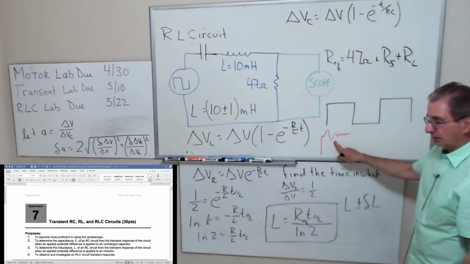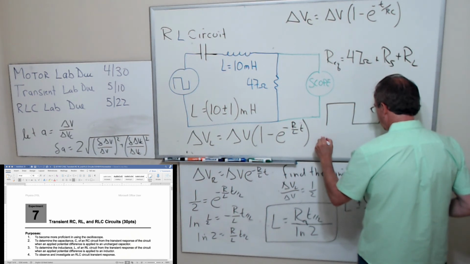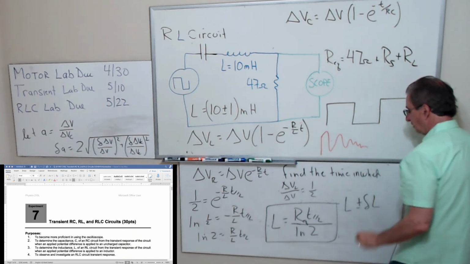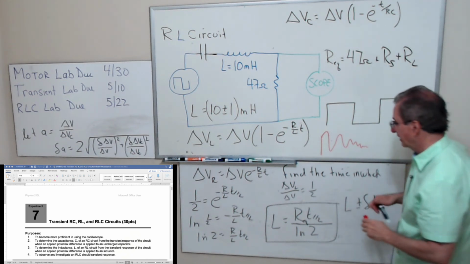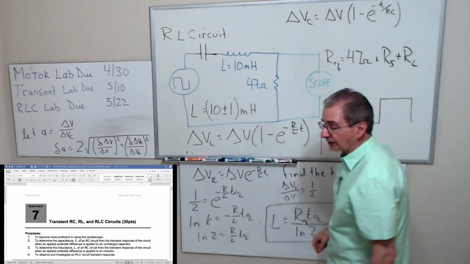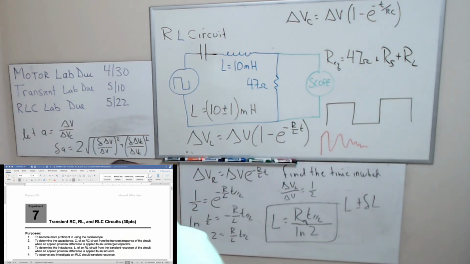Actually, it's not really like that, it's a bad picture. Your output can look like that with these three. It's called an RLC transient circuit. And maybe I should show you what the scope trace will look like. Let me change views so you get an idea what the scope trace will look like.